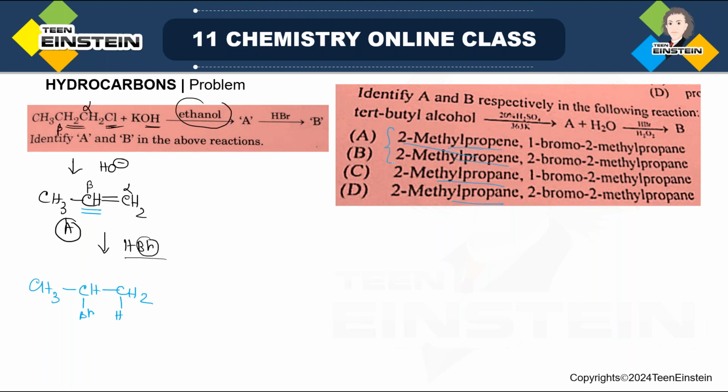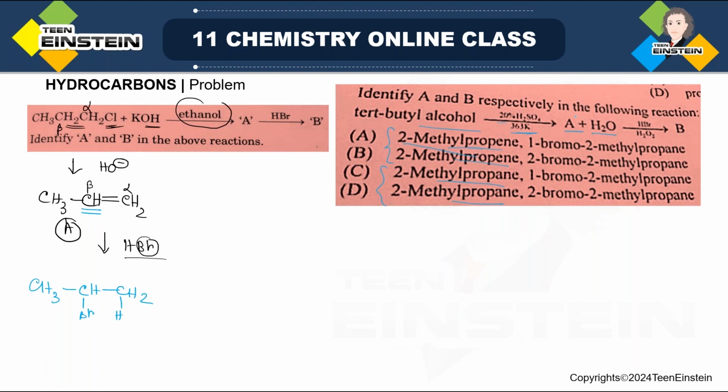So these are two alkenes, but in C and D, the first compound, that is A, is an alkane. Look at the reagent. The substrate is an alcohol. The reagent is 20% H2SO4, 363 Kelvin. We are getting A along with H2O.